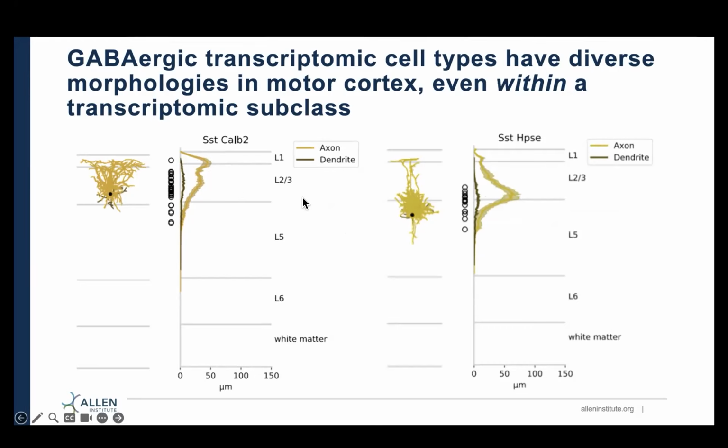So though these are closely related types transcriptomically, the axon distribution patterns can be very different, indicating that these neurons are likely to contact different cells. Later on in the talk, I'll give you a hint that that is in fact the case.